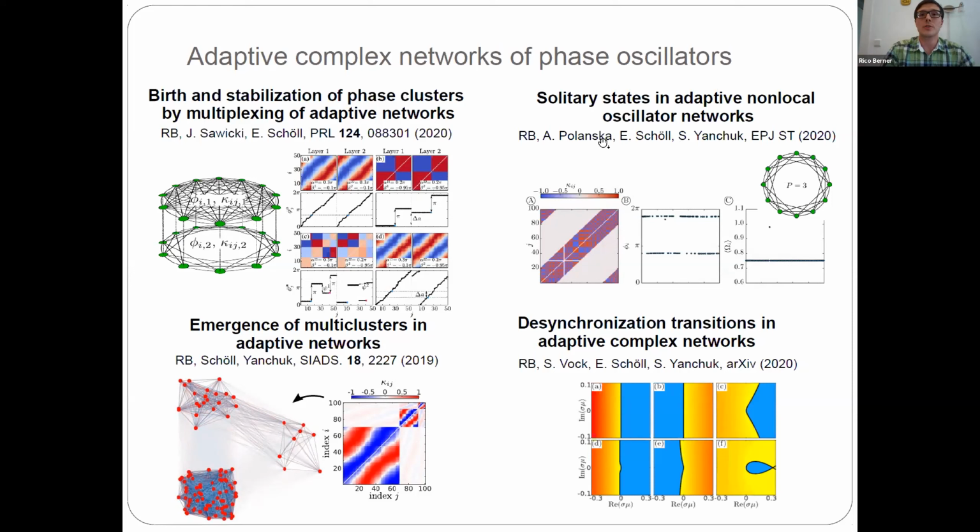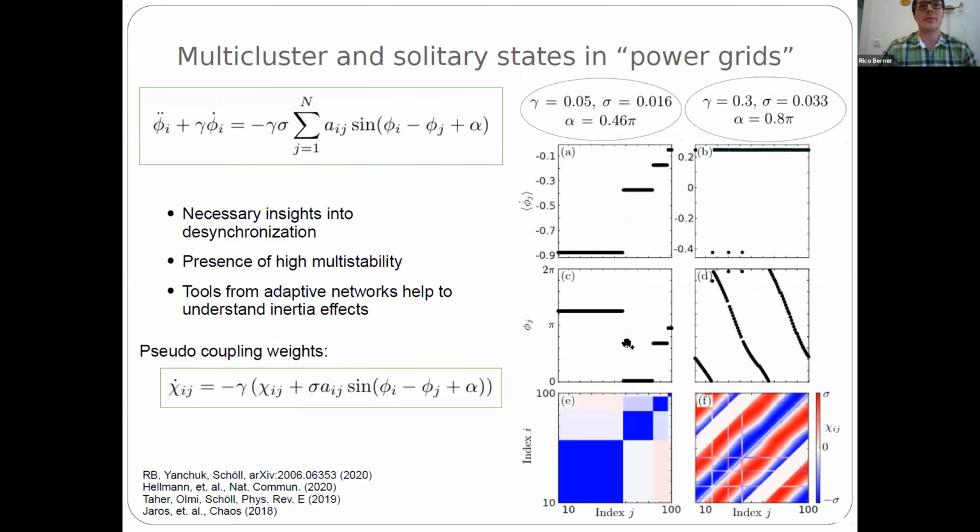We went over also to more complex network structures. So we had adaptive networks on non-locally coupled ring networks, where we analyzed the solitary states, which are a subset of multicluster states. Or even just recently we developed a master stability function for a very general class of adaptive networks, which is going to be on arXiv soon, maybe tomorrow.